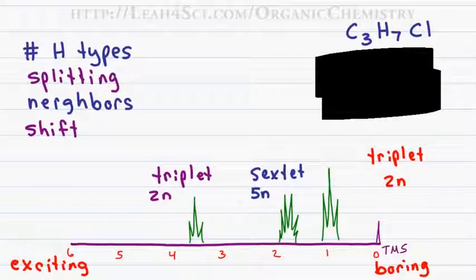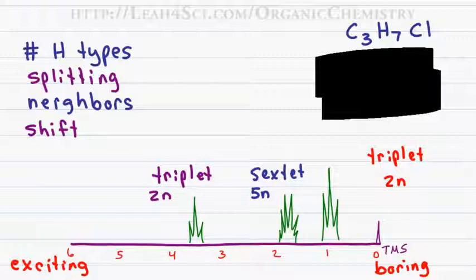If we look at each peak and determine how many neighbors it has, we can then reverse what we have to see which hydrogens belong where. If both triplets have 2 neighbors and the sextet has 5 neighbors, then we can assume that the middle peak is responsible for the 2 hydrogens which are neighboring both triplets. I'll keep the colors consistent with the descriptions so you can follow how I'm coming up with these hydrogens.